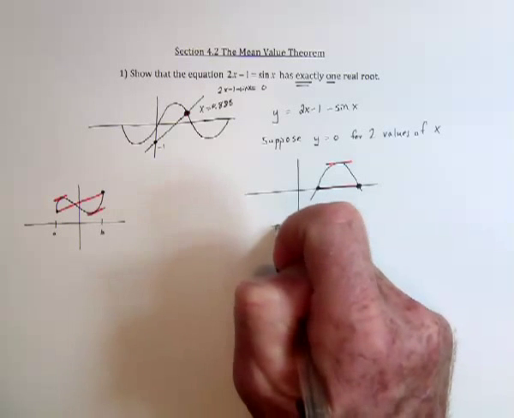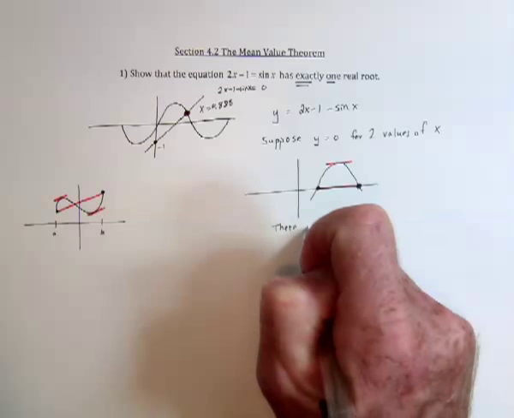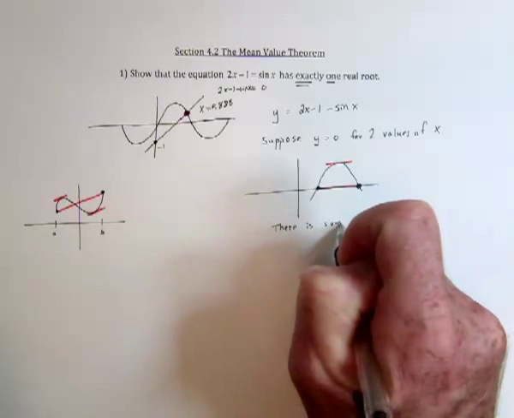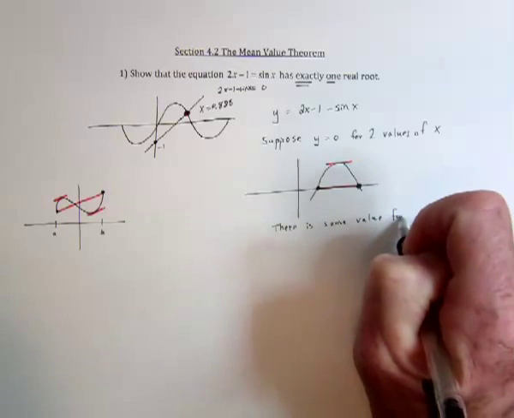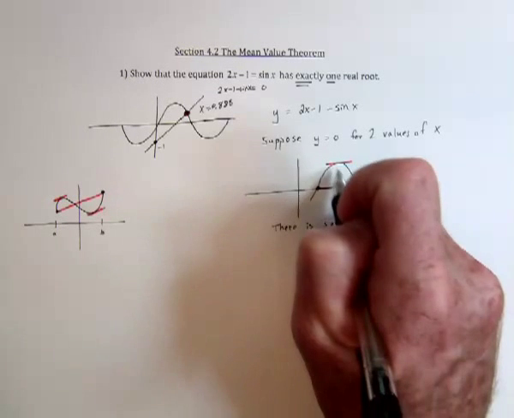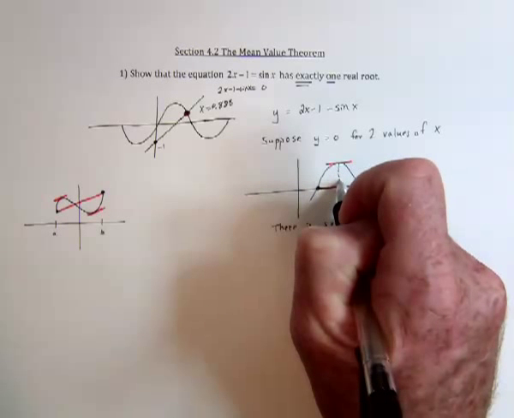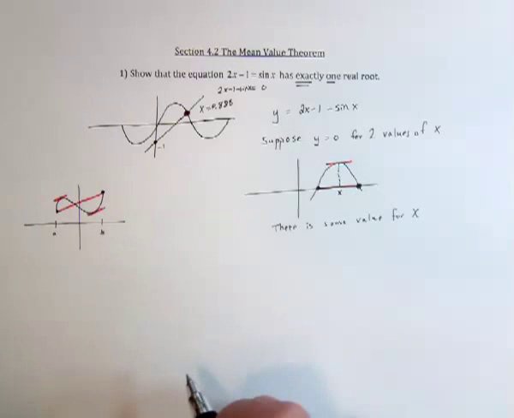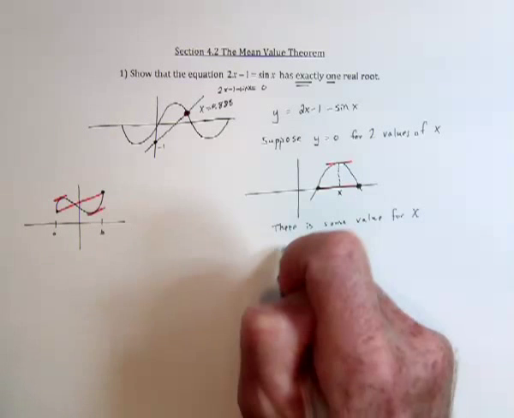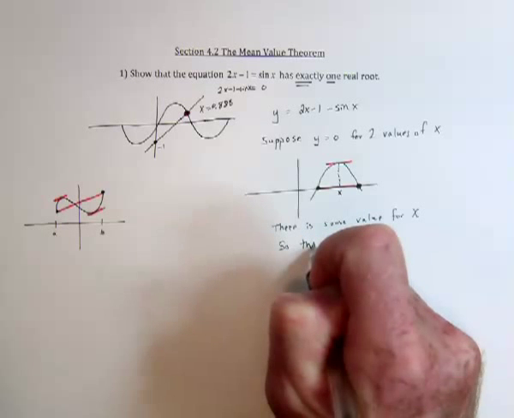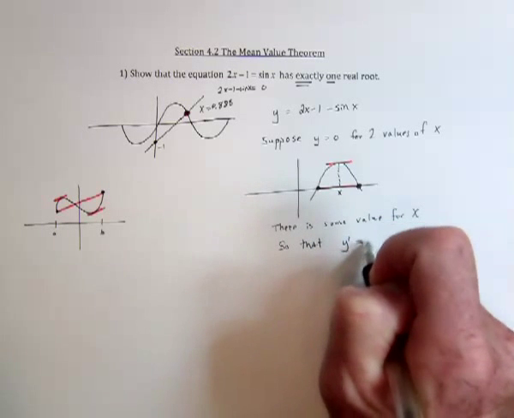So there's going to be some value for x in between these other two where the derivative is equal to 0. Right there, the derivative would equal 0. So the slope is equal to 0.